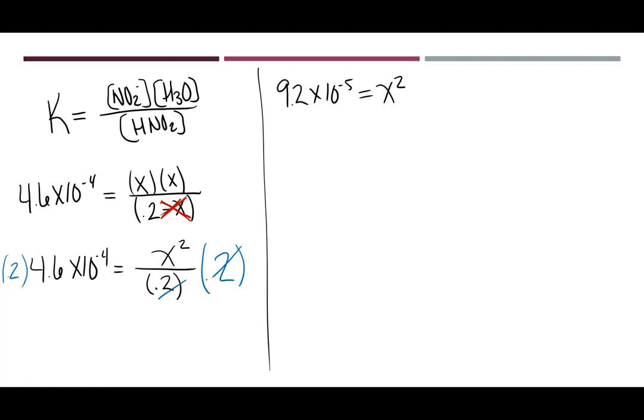Then to solve for just X by itself, we'll take the square root of both sides. So X equals the square root, which is 0.0096. Okay. Awesome. What does that mean? What is X?